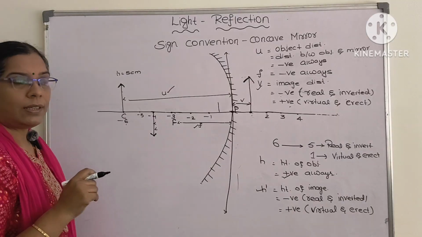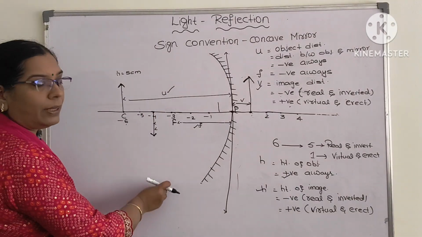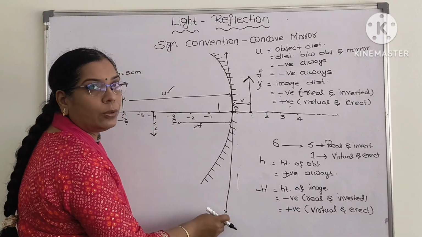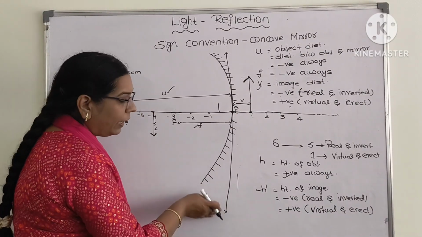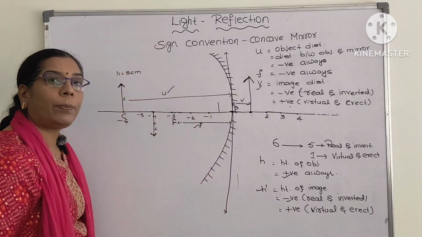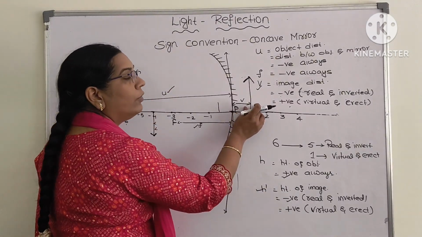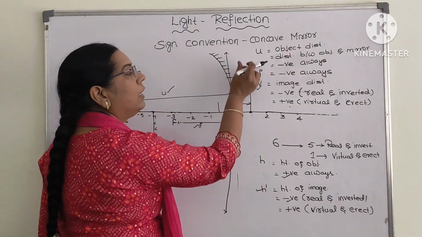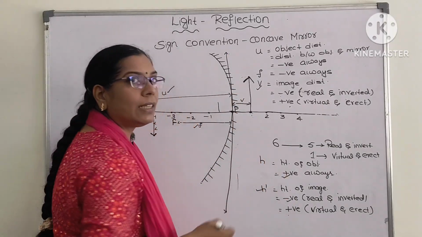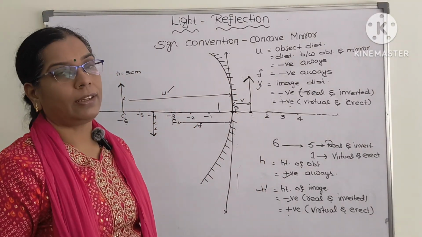If the image is real, it will be pointing downwards. Since it will be an inverted image, it will be pointed downwards, towards the negative y-axis, and hence for a real image, h prime, which is the height of the image, will be negative. A virtual and erect image will be pointed towards the positive y-axis, and hence it will have a positive sign for a virtual and erect image.